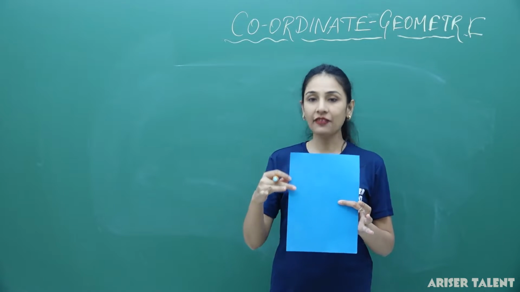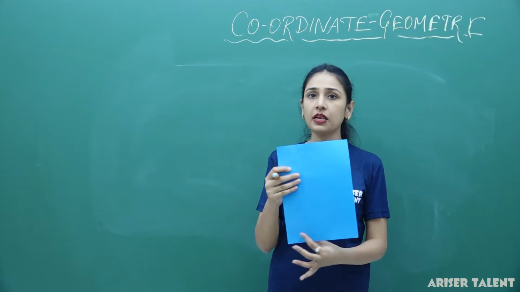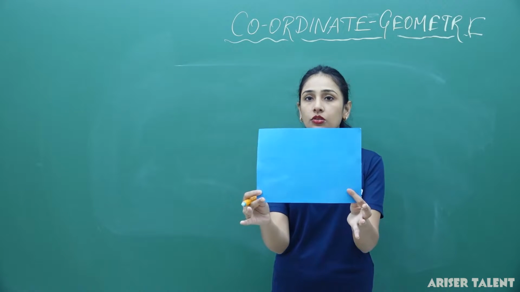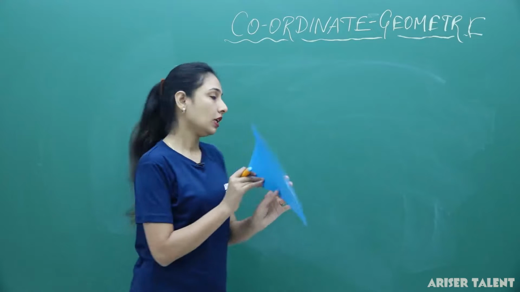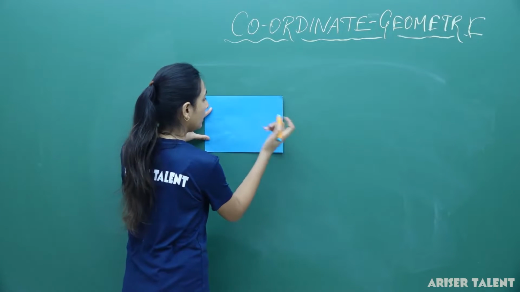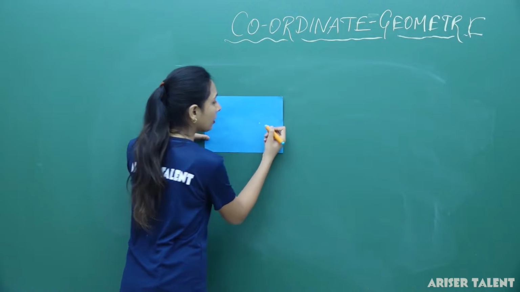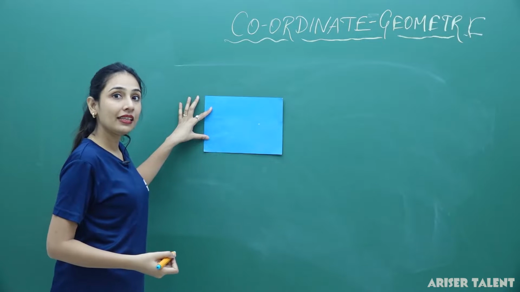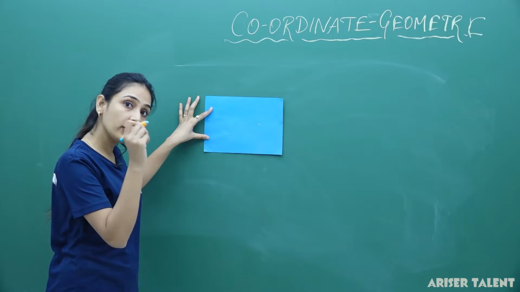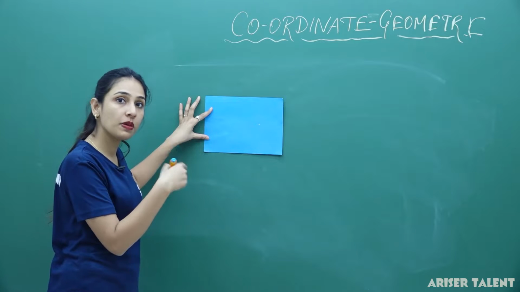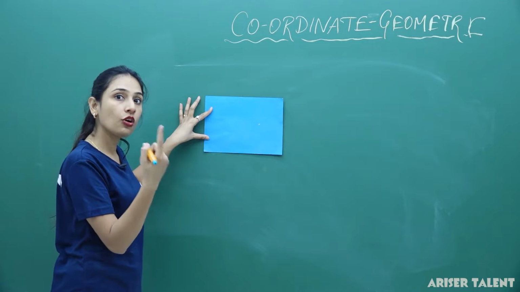It has some centimeter length here and some centimeter length here. I am holding it this way, and I am putting a dot like this, a dot here. Now I'll ask you, what is the location or position of this point on this paper?